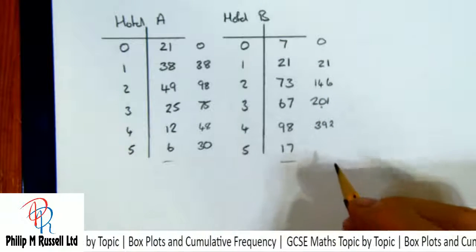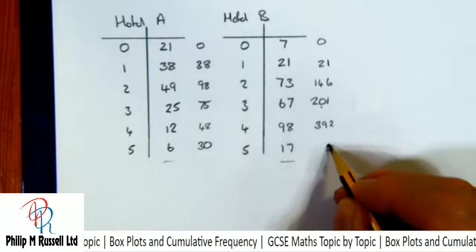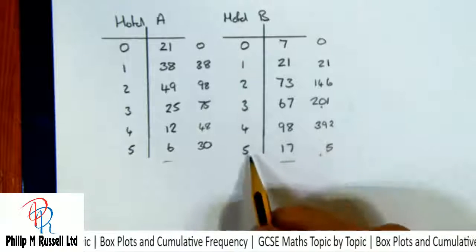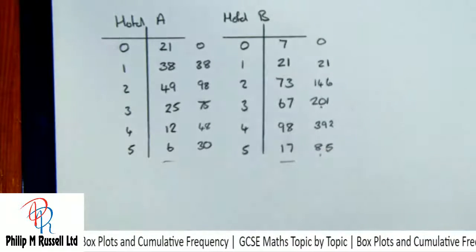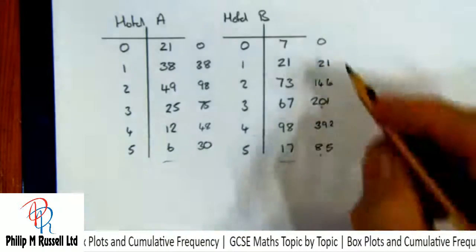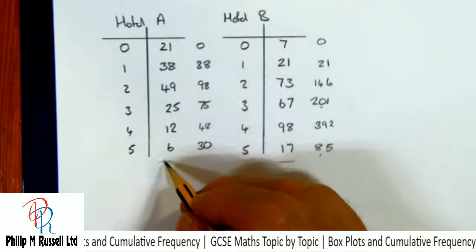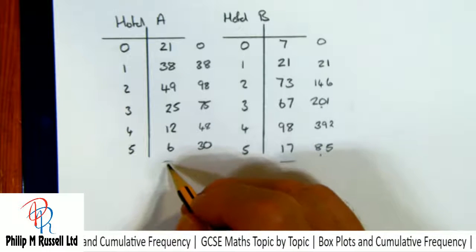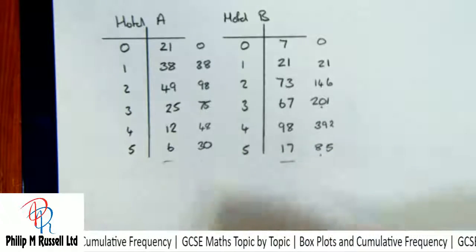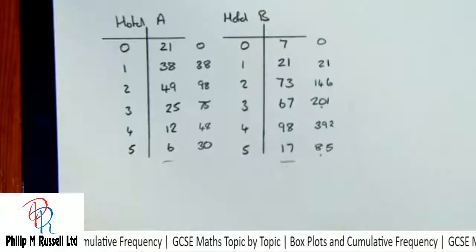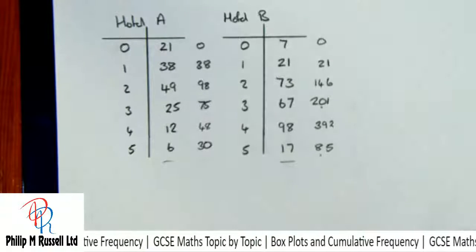And then 5 17s, not particularly nice. 7 5s are 35, carry the 3, and then 1 5 is 5, plus the 3 gives me 8. So I've got my numbers, so we can now work out what the average is going to be, and we're going to work out the total here and there, and we can divide them and we can compare the averages. So let's do that.